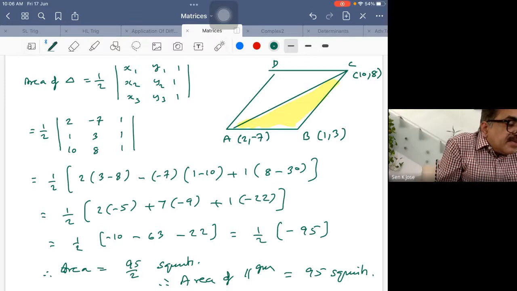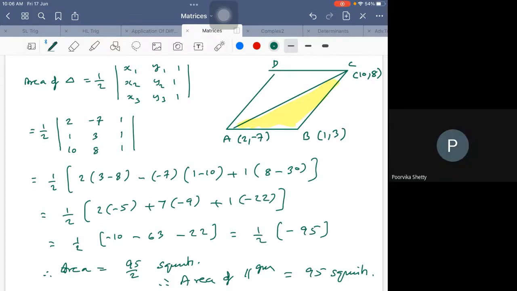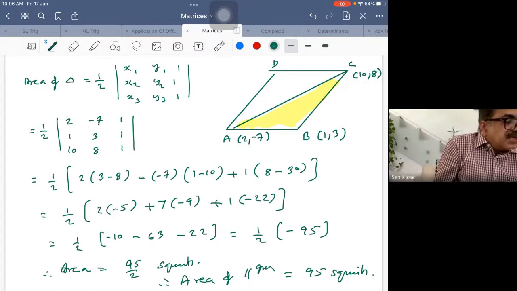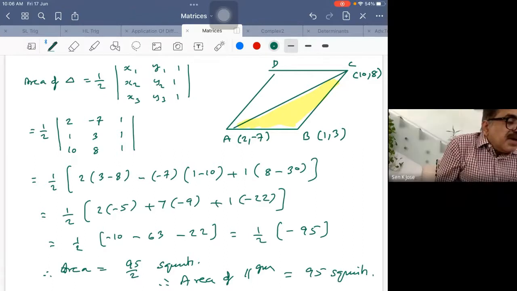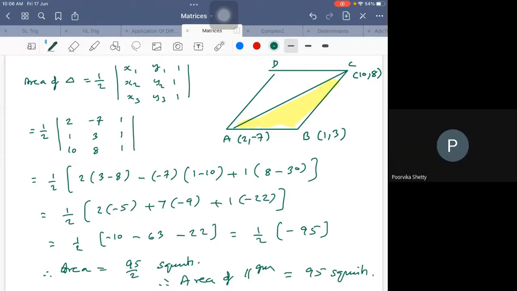Then minus 1 into 2 minus 7, 10, 8. Okay, that's correct. Plus 1 into 1, 3, 10, 8. Okay. So the first one should give you 1 into 6 minus minus 7, right?